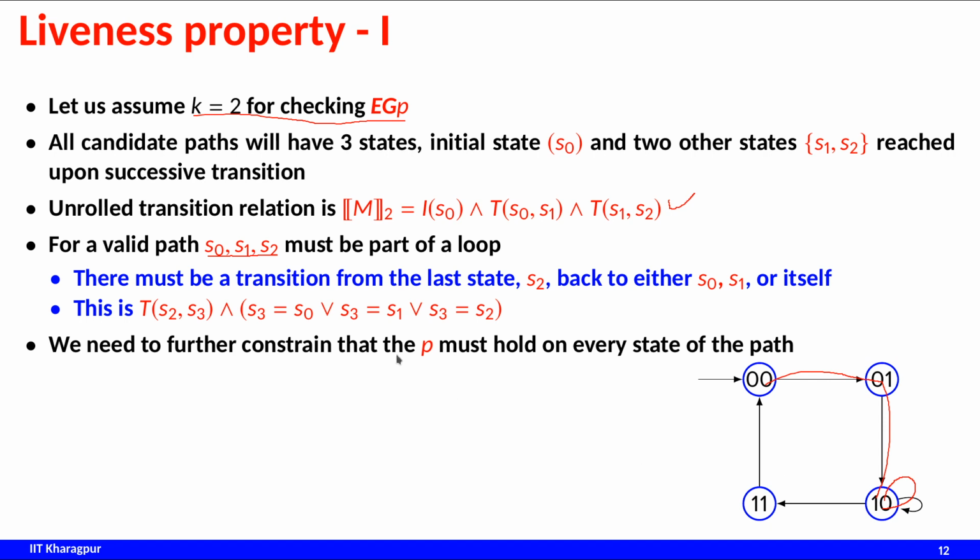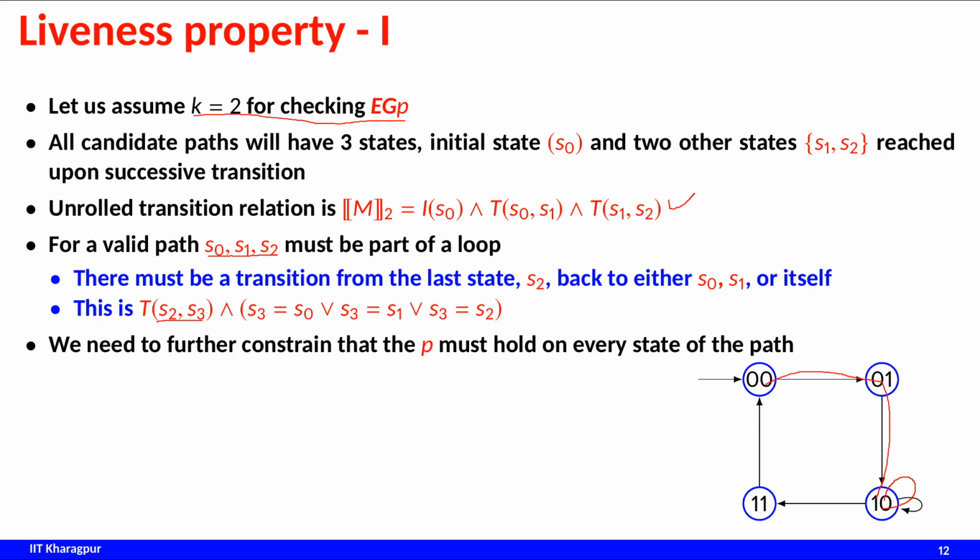So what do we do? We do not expand the transition relation, but we consider one more step, just to check whether there is a loop or not.